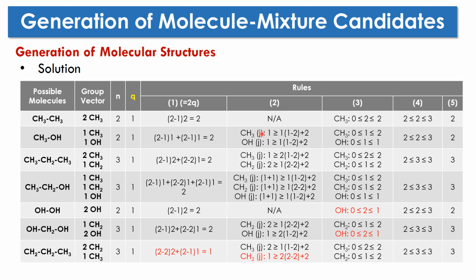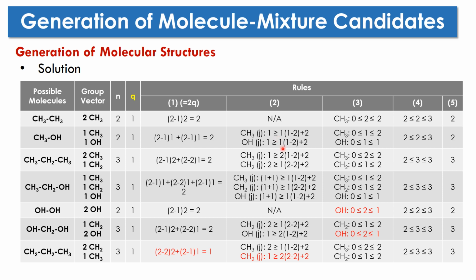That is one thing. Another one, we need to calculate for OH. Now we set OH as J. When OH is J, Ni now is for CH3. So NCH3 is only 1, so you have 1 here. So more than or equal to, and this part is for J, right? J now is OH, so Nj for OH is 1.